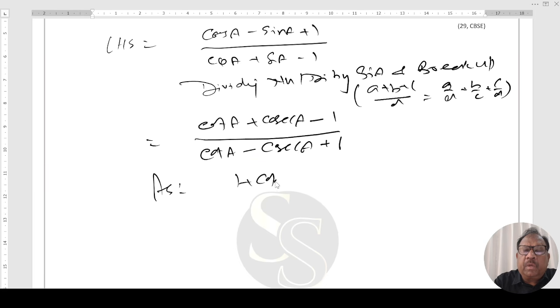Now, as we know, 1 plus cot square a equals cosec square a. Therefore, cosec square a minus cot square a equals 1.